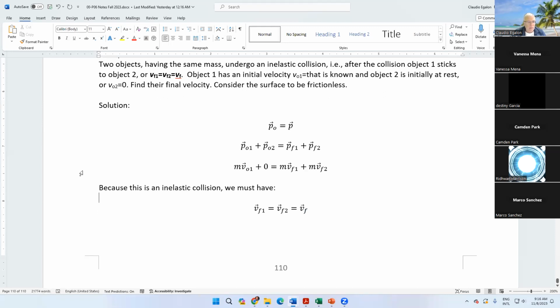Applying this relation to the above, I will plug that here, and I'll plug that here. I don't need the zero anymore, right?